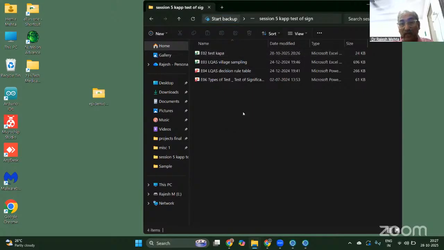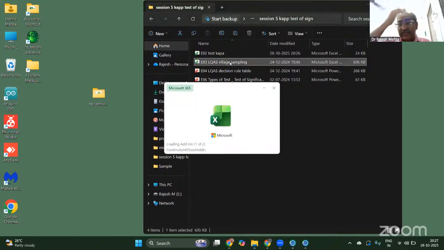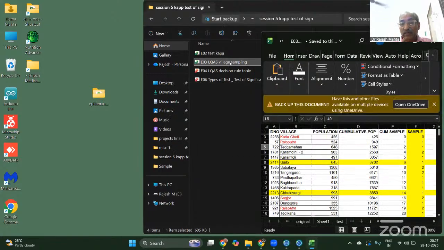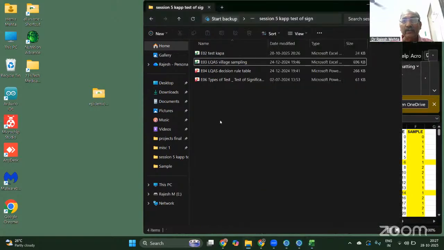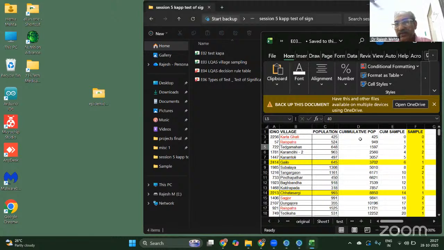Now we are going for the sampling LQAS. Lot quality assessment has basically come from industry. In industry, there is a first lot, second lot, third lot, and they are not actually testing all the material. They are just taking a few samples from the lots. That's why it is known as lot quality assessment test.